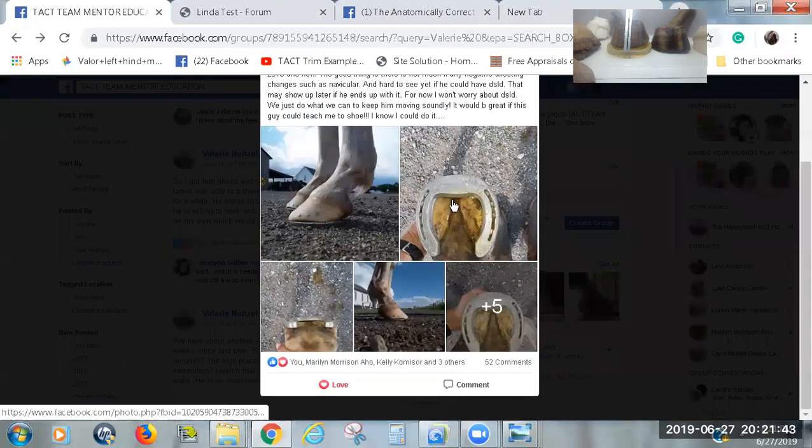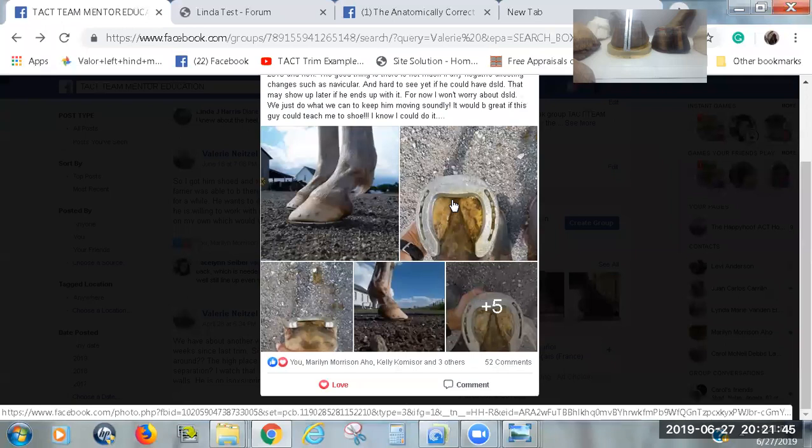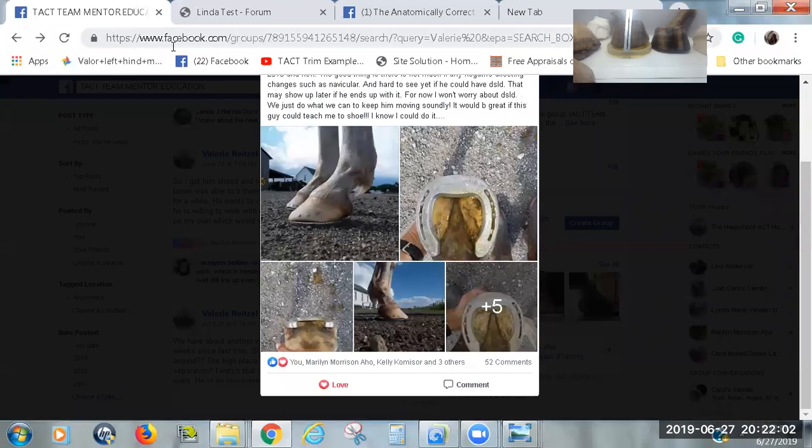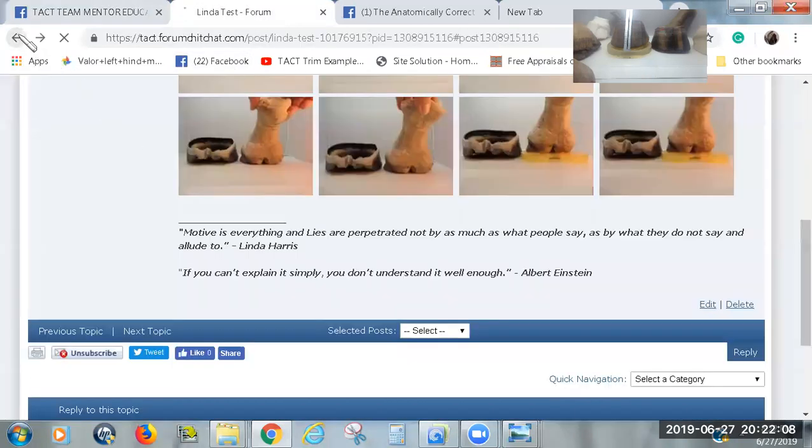Okay, I'll look at them here in a little bit, but I want to look at Iara's horse. Thank you. I've posted on both the forum and on the Facebook group. Okay. Thanks. We'll go to here.